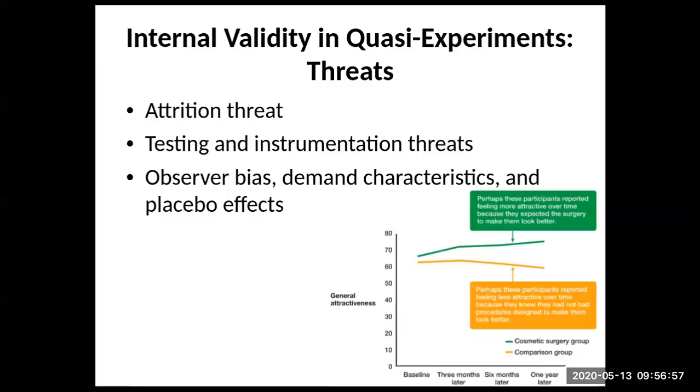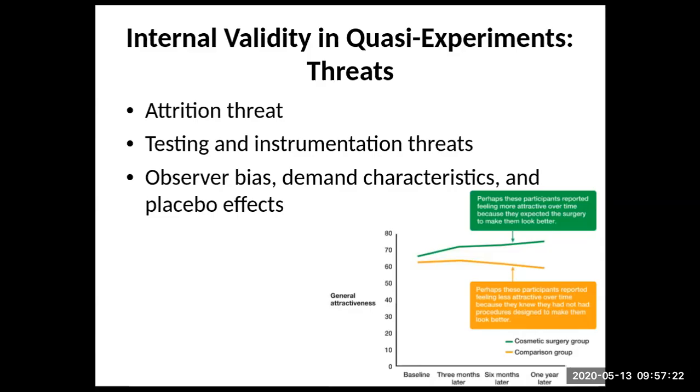Demand characteristics, of course, the people who did not get surgery would not expect to feel as pretty or have as much self-esteem or general attractiveness as somebody who got plastic surgery. So it could be the way that the participants respond based on what they think the observers or the researchers want to hear. And a huge one in this case, right, is placebo effects.